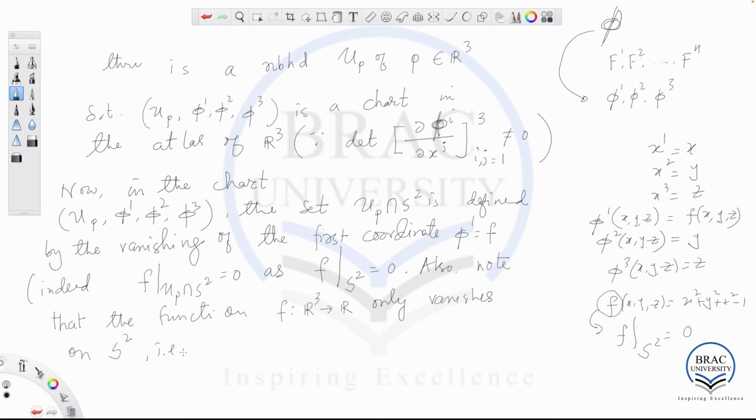That is, the inverse image of 0 under F is the whole of S2.